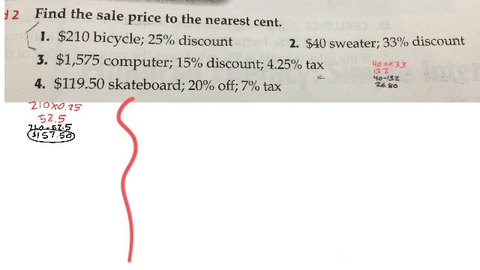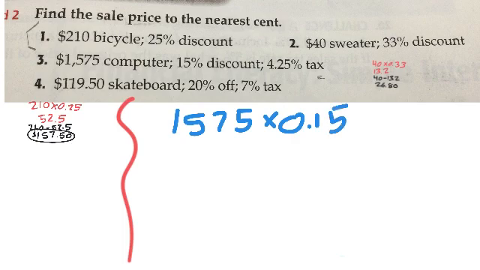Pick a number 1 through 6. It's 6. Number 3. Yep. So I multiply 1,575 by 0.15. Guys, I shouldn't be talking over there. Yes, that's correct. And what did you get?